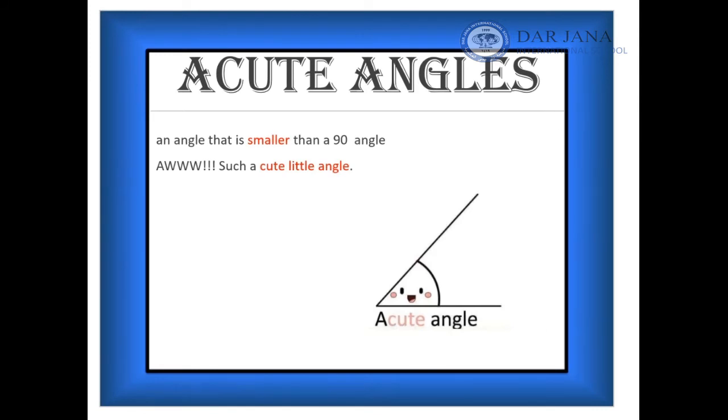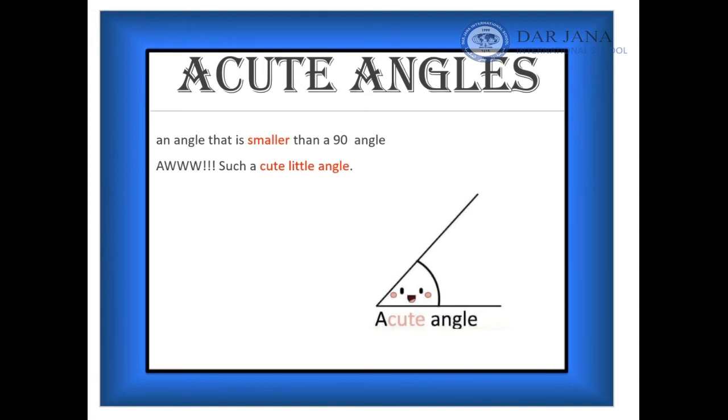We're going to move to our second kind, the acute angle. Anytime you hear the word acute, you think of something small, right? So an acute angle is an angle that's smaller than a right angle. Its opening is less than the opening of a right angle.